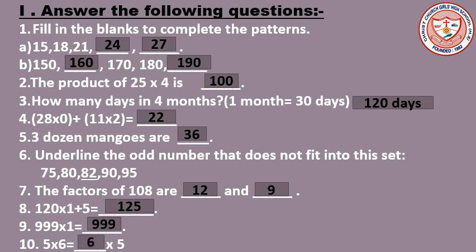Yes, here the answer is 6, because 6 into 5 also gives us 30, right? And we know that if we change the order of the numbers, the product remains the same. This is another property of multiplication. Clear?